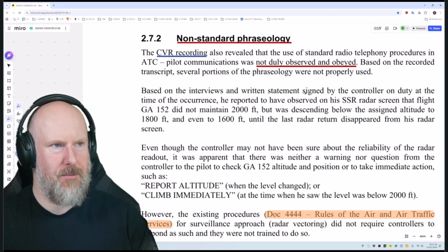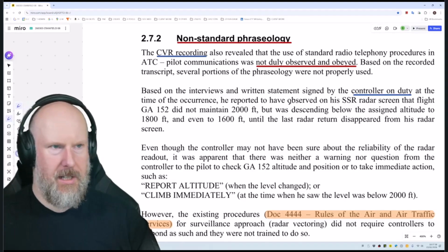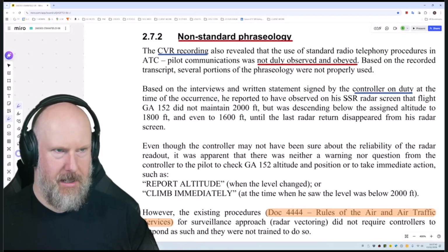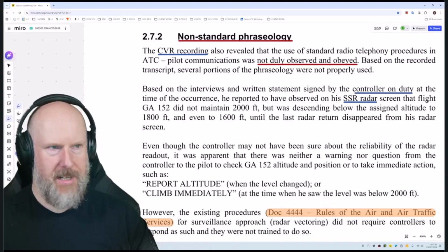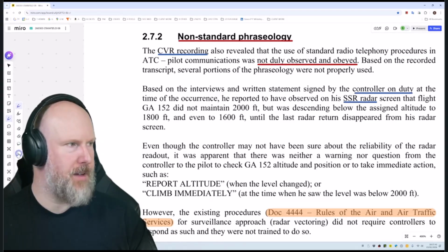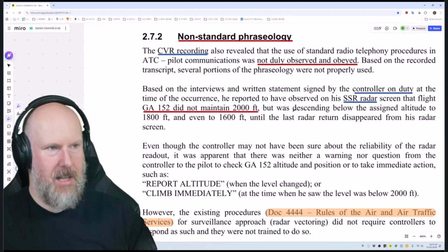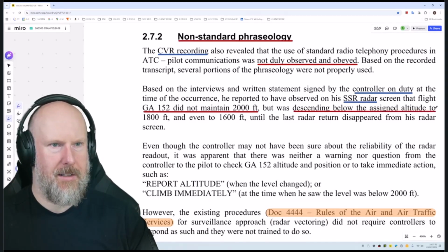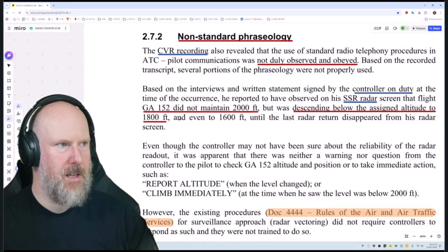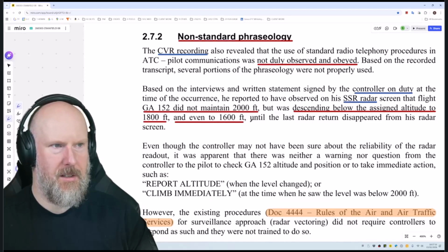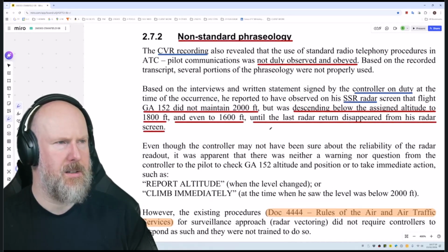Based on the interviews and written statements signed by the controller on duty at the time of the occurrence, he reported to have observed on his secondary surveillance radar screen that flight GA152 did not maintain 2,000 feet but was descending below the assigned altitude to 1,800 feet and even to 1,600 feet until the last radar return disappeared from his radar screen.